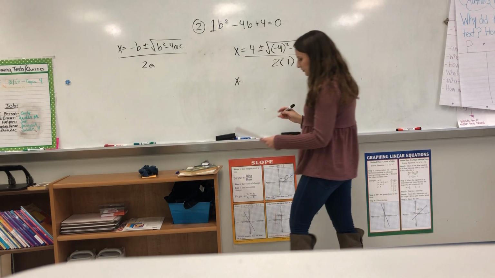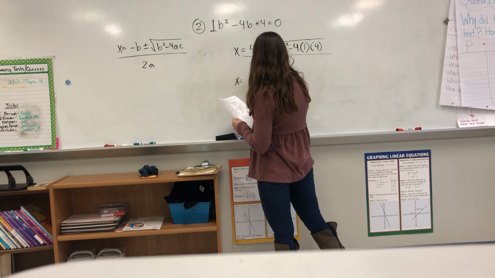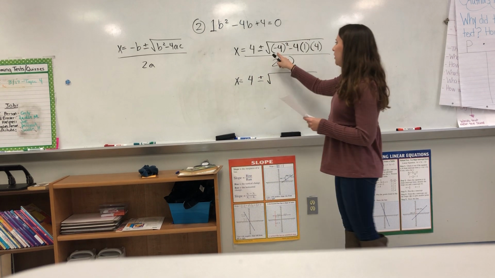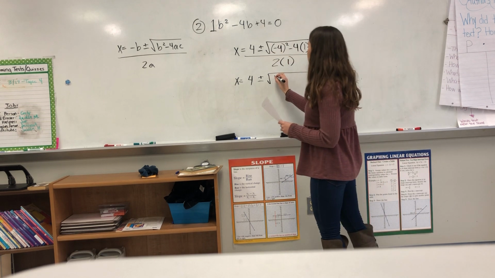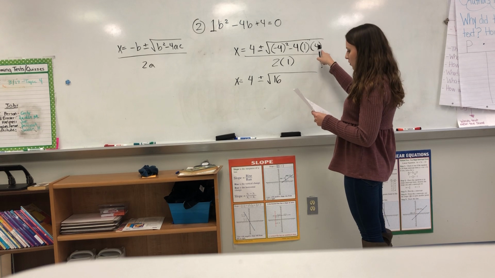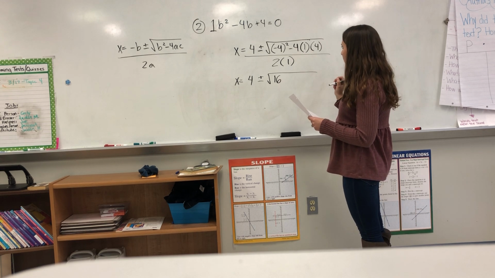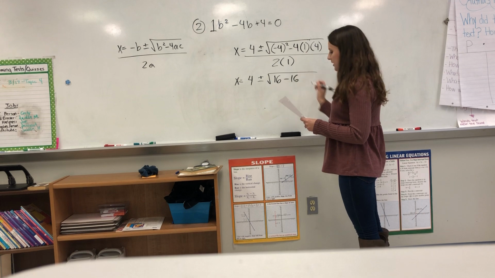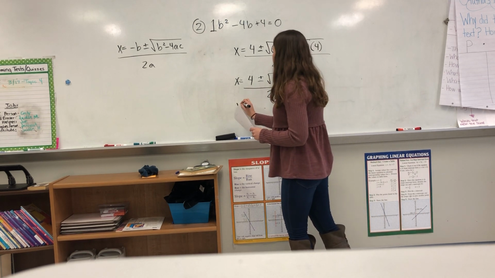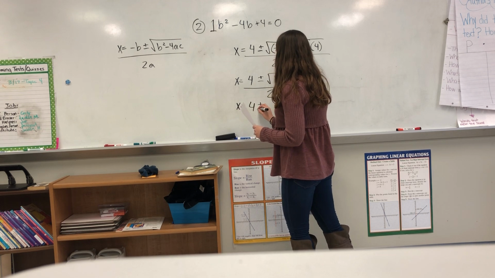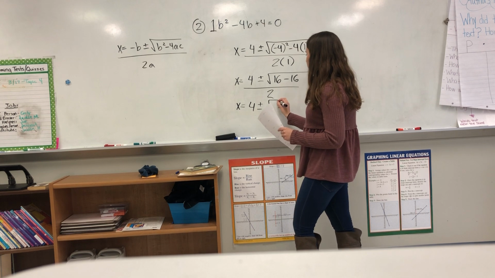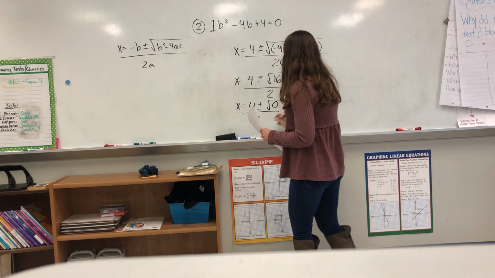x equals 4 plus or minus the square root of negative 4 squared is 16. Negative 4 times 4 is negative 16, so 16 minus 16 over 2. x equals 4 plus or minus the square root of 0 over 2.